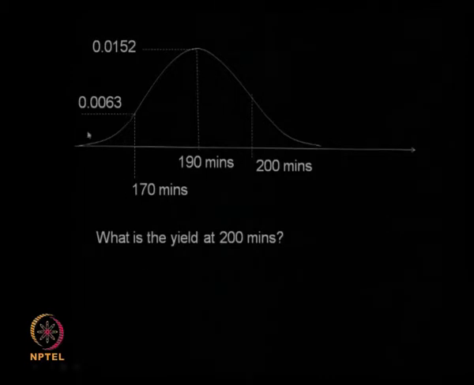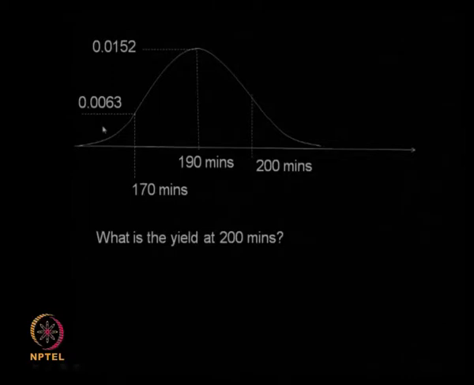Now imagine a situation, in fact this problem we did in the previous lecture as well. Imagine a chromatography peak like this. At 170 minutes you have a concentration like this, and the retention time is 190 minutes. Now we want to know what is the yield at 200 minutes.